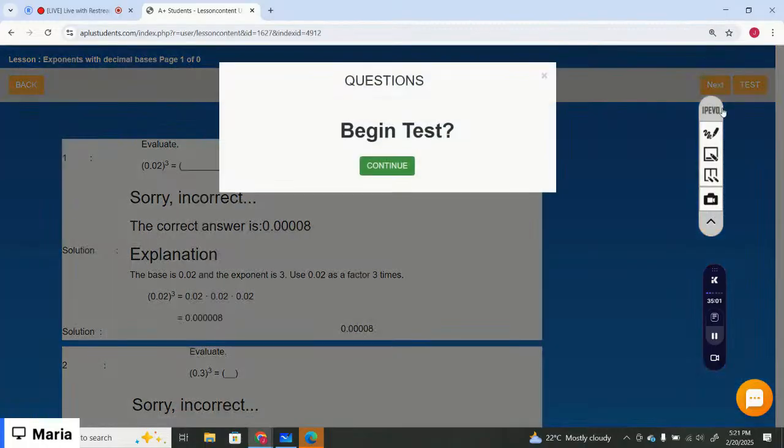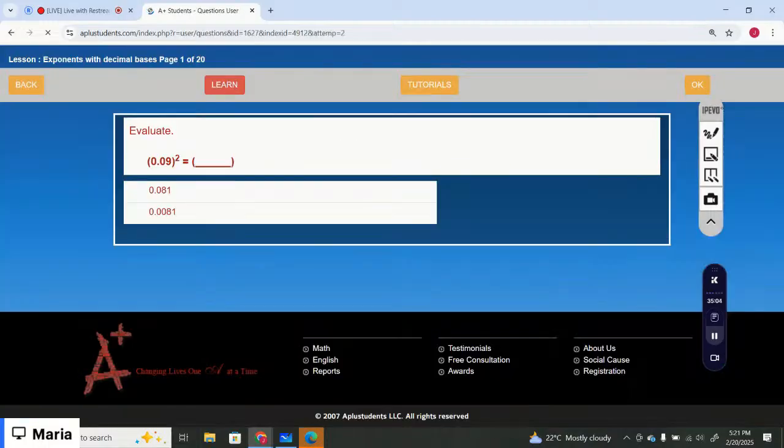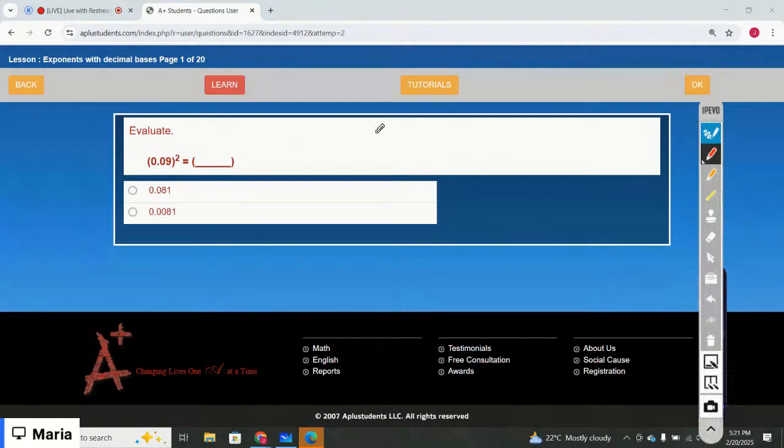Let's just start with the test questions. 0.09 square. That is 0.09 times 0.09.